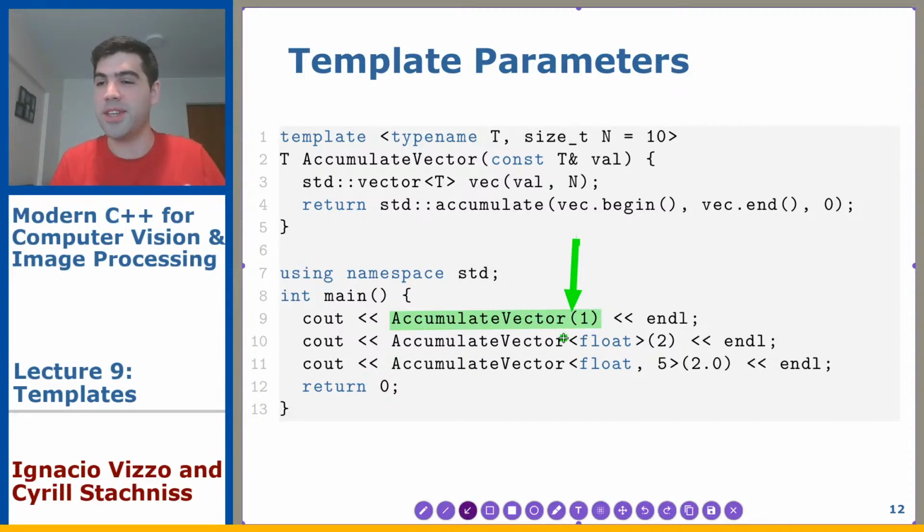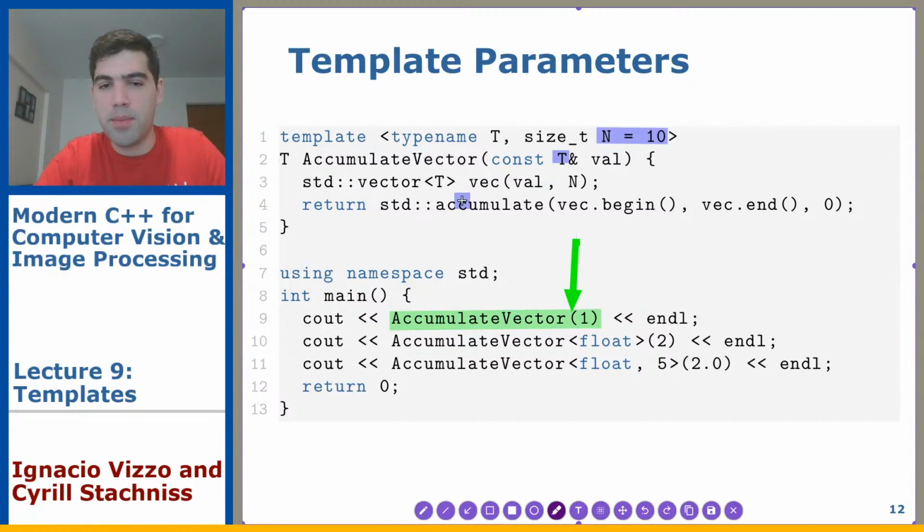And then what is going on here is that the compiler is doing all the job for you. First, you're using 1, so this is an integer type. So the compiler can go ahead and say, okay, this T is an integer, so I will deduce it for you, no need to tell me. And then because you have a default value for this template parameter, the compiler says, okay, I will pick N equals 10, right?